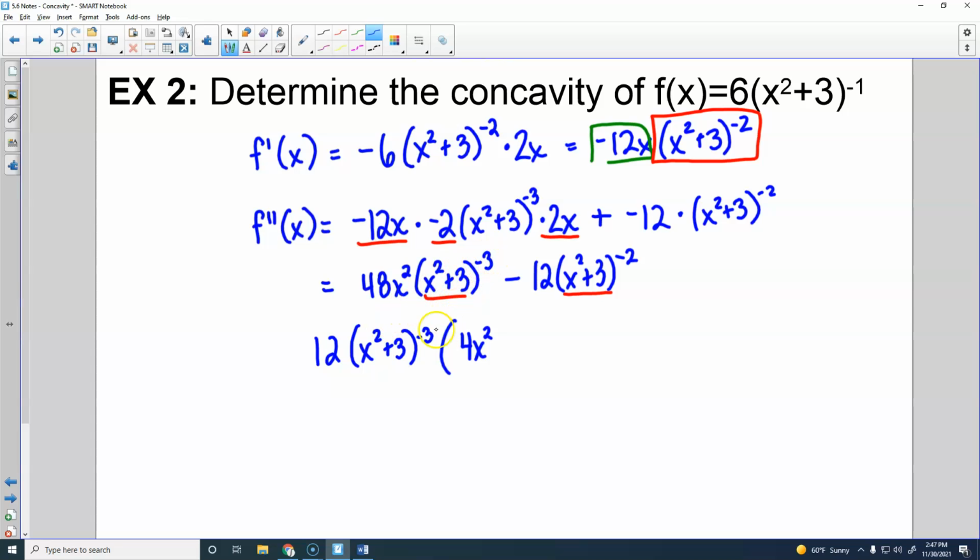Minus 12, we're taking the 12 out, so it's out front. We don't have to worry about it. Whenever we factor out that x squared plus 3 to the negative 3, what are we going to get over here? x squared plus 3. Make sure you distribute that negative.